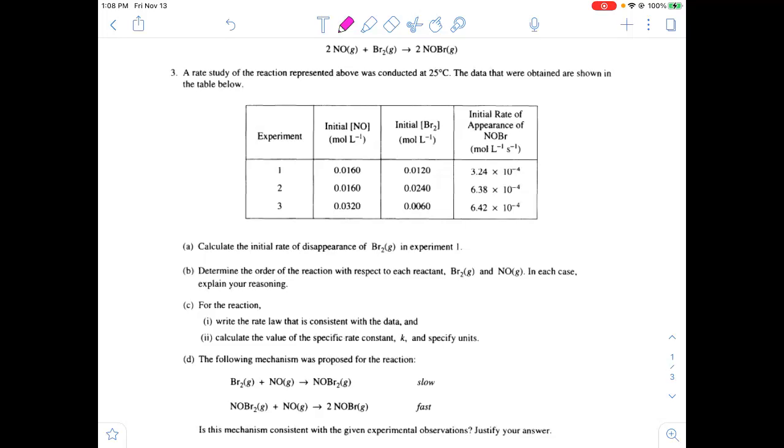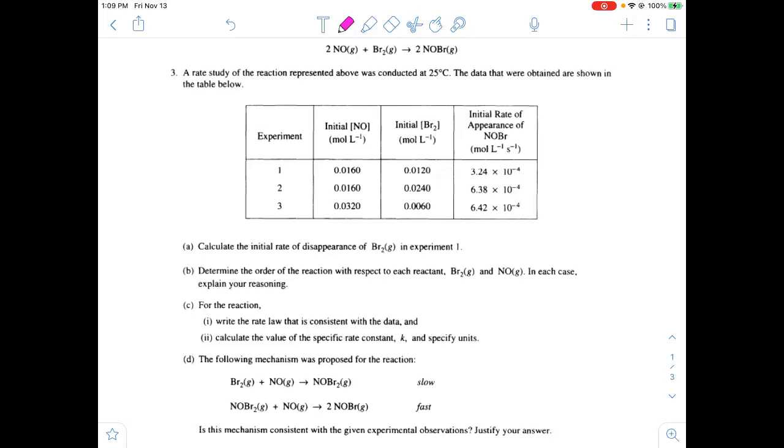So our data given to us in the data table is the initial rate of the appearance of NOBr, which is our product. If we look at the reaction coefficients, 1 Br2 produces 2 NOBr. So that means Br2 is going to disappear at half the rate that NOBr appears.